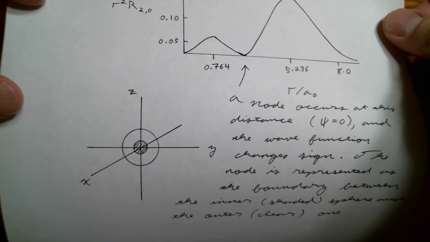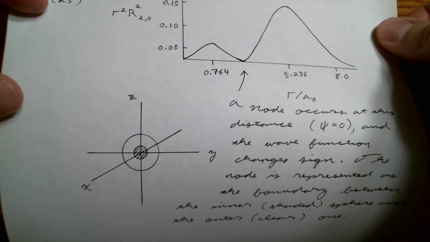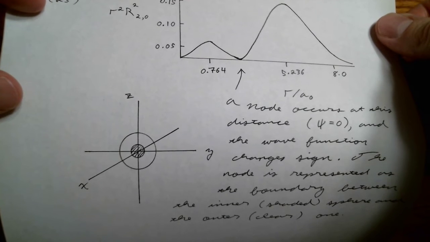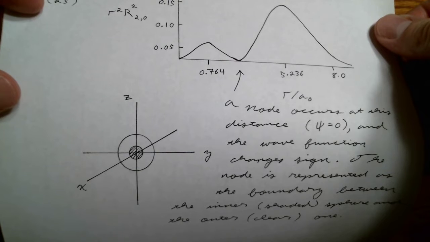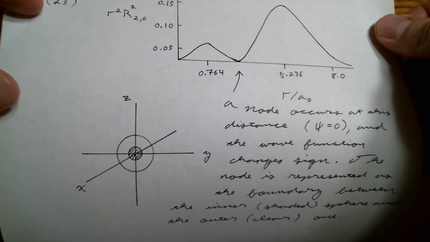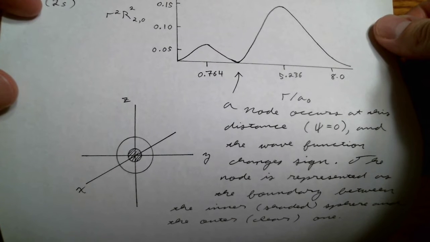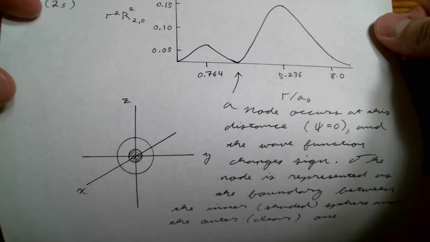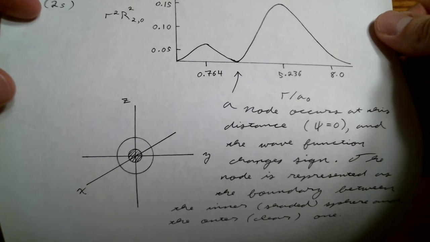And that node is represented as the boundary between the inner shaded sphere and the outer clear one on this depiction of a 2s orbital on some sort of Cartesian coordinate system. It almost looks like a jelly donut in terms of at least the signs for the wave function that you would encounter.